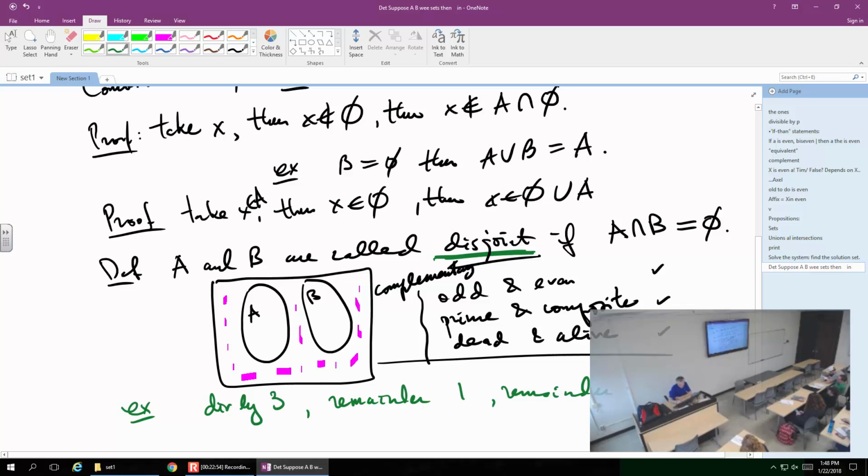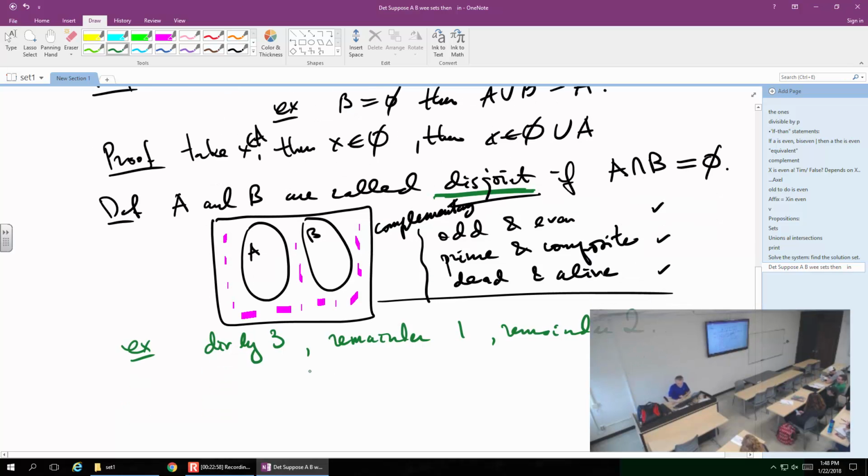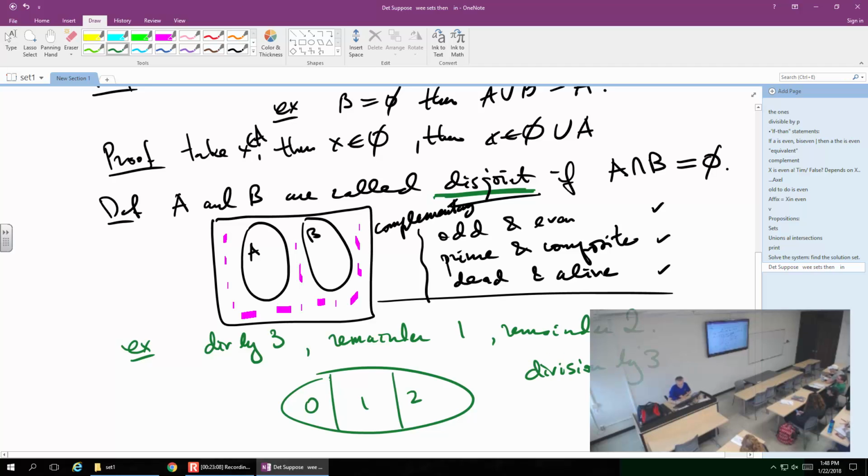Well, maybe it's not such a good example, but we can split our integers into 3 based on the remainder. So this is division by 3. Then you can split all the integers into the ones that are divisible by 3, where the remainder is 0, those that have remainder 1, and those that have remainder 2.